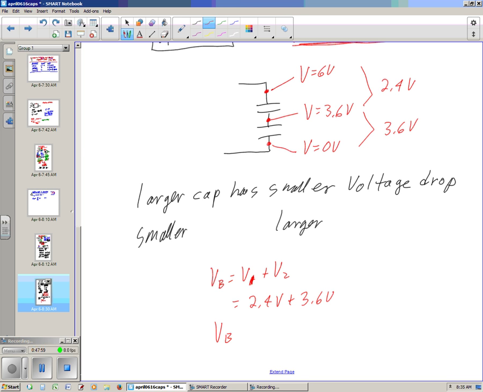So V battery should agree with this. 6.0 volts is the voltage across the battery. It's also the voltage drop across these two capacitors in series. Okay, that's it. We'll finish this up on Thursday.